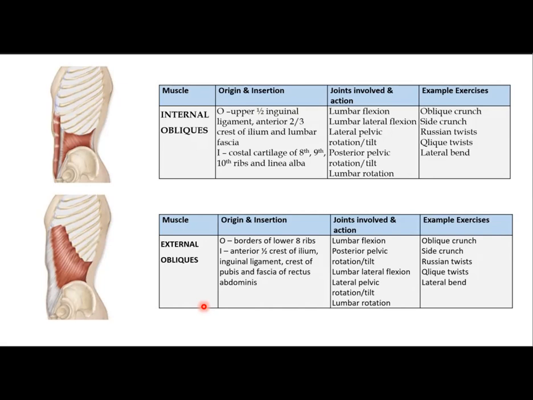It goes short, it goes long. That means this is your external oblique, this is your internal oblique, and it will work the opposite side. So they're working together. Usually you can't really say you're only working your internal obliques or only your external obliques, because they work together, okay?